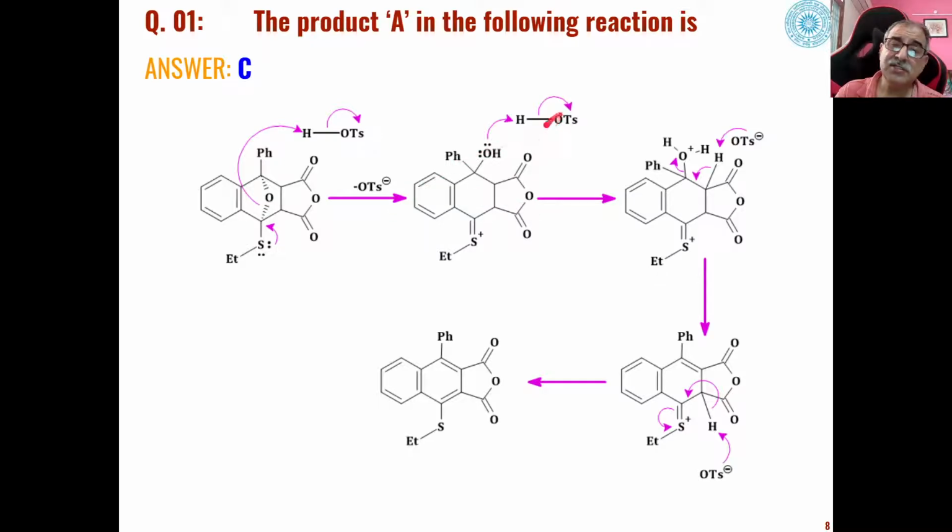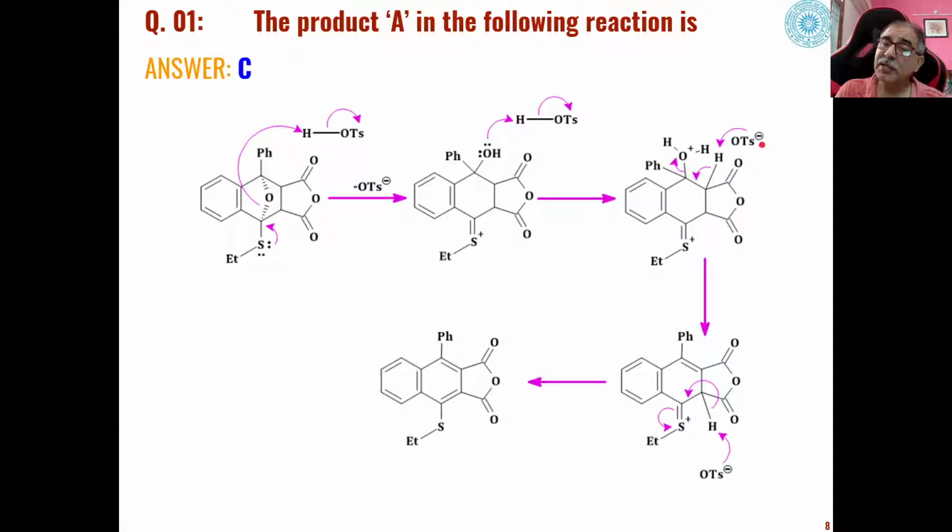Then these alcoholic intermediates will react with another molecule of paratoluenesulfonic acid, which will abstract a proton from here, and OH2 positive will be formed at this place, which will undergo dehydration. Removal of water will take place at this place.